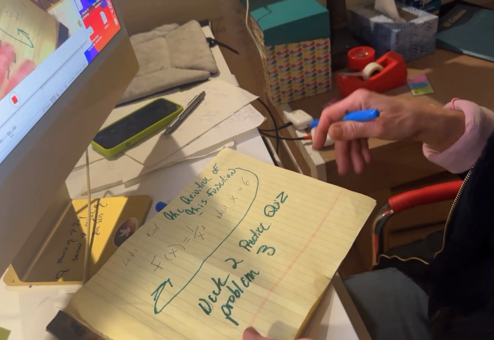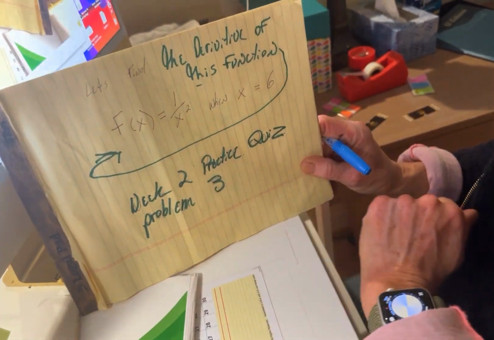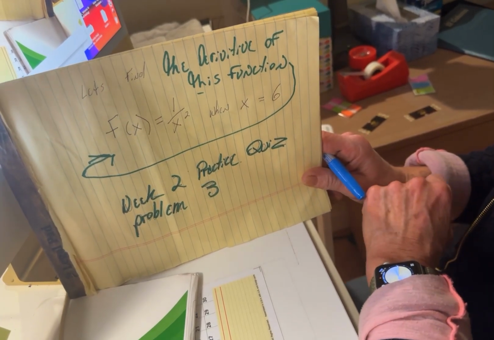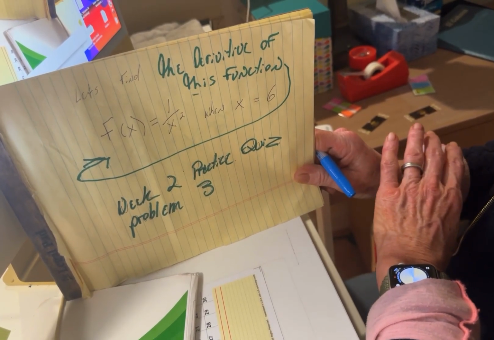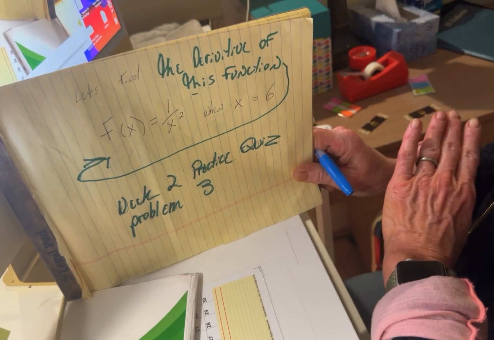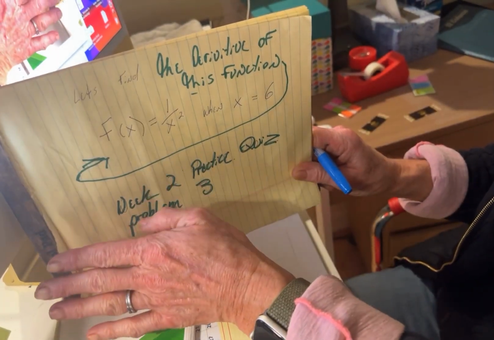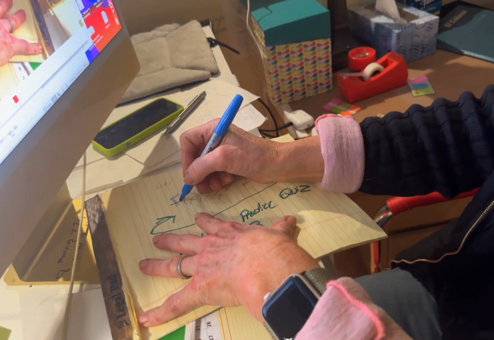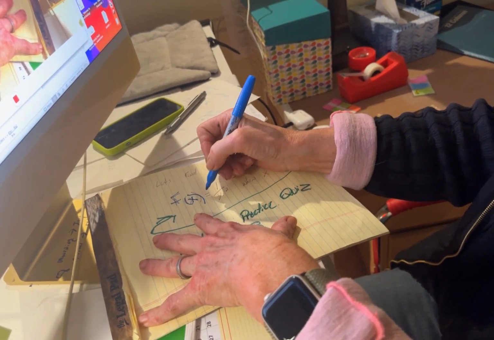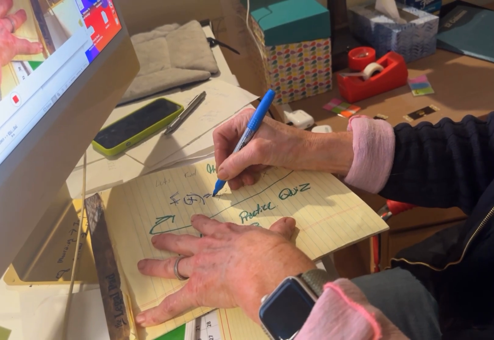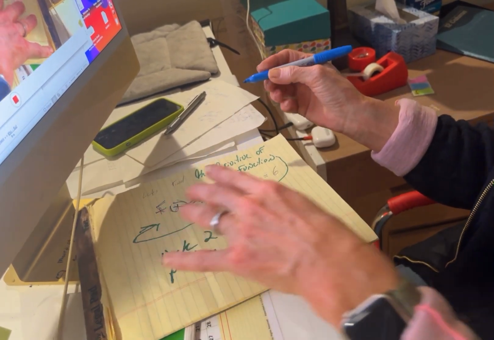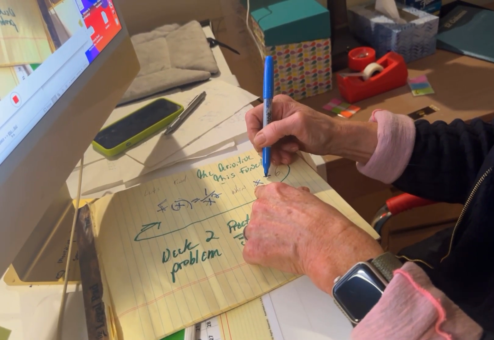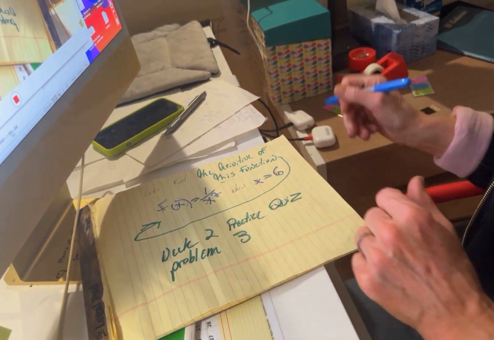This particular problem, we want to find the slope of the graph of the function at the given value. The function that we're given is f of x equals 1 over x squared, where x equals 6.